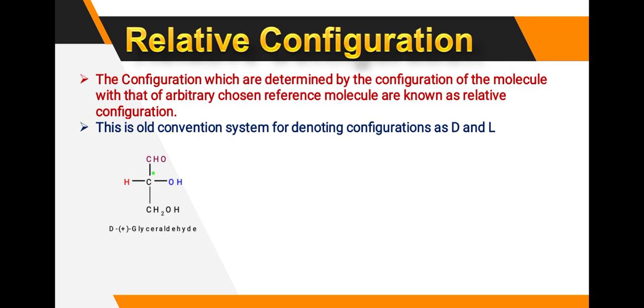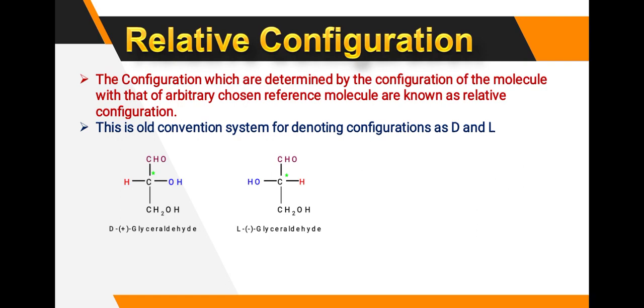Here the structure of dextro glyceraldehyde is there: CHO, hydroxyl, CH2OH, and hydrogen is attached. That carbon is chiral because 4 different groups are attached to that carbon. Then this is the structure of L-glyceraldehyde. Here minus is there because one is dextro and one is levo, that means one is anticlockwise, one is clockwise.